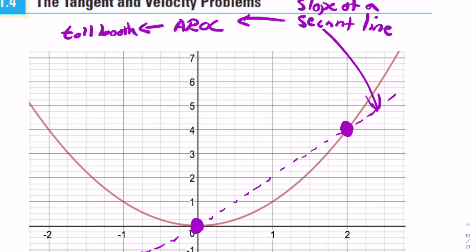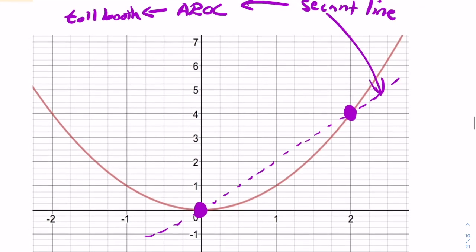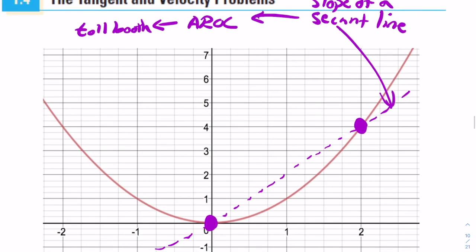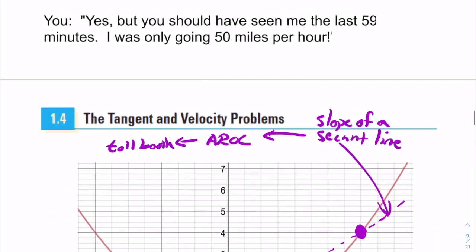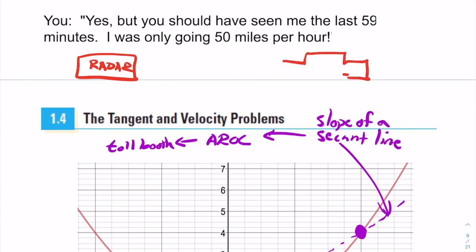So if you know how a radar gun works, I'll draw you some pictures. It's not the best illustration. So imagine that there's a radar gun. This is your radar gun. I'm bad at drawing. What it does is he will capture your car, okay?